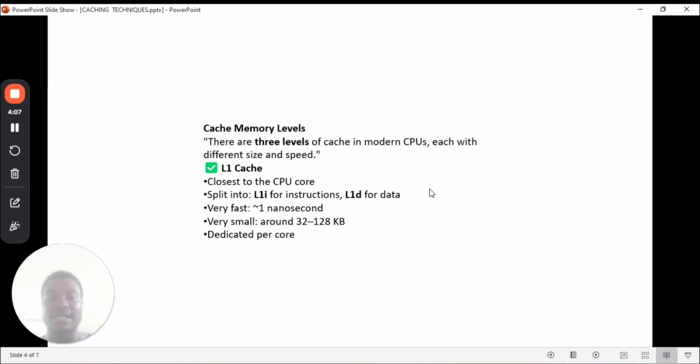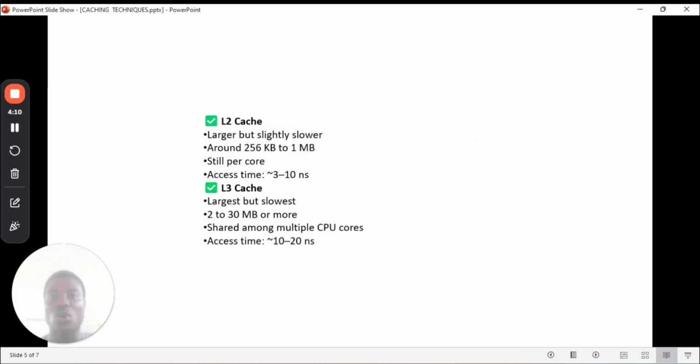Let's move on to the second level. It is larger but slightly slower. Its size is around 256 kilobytes to 1 megabyte, and its access time is approximately 3 to 10 nanoseconds. The third level is also larger but slower. Its size is about 2 to 30 megabytes or more.